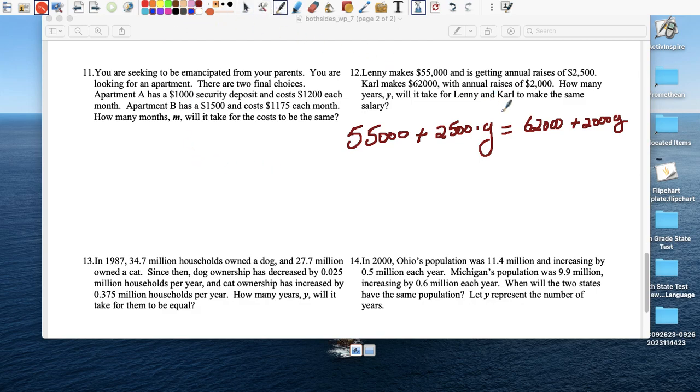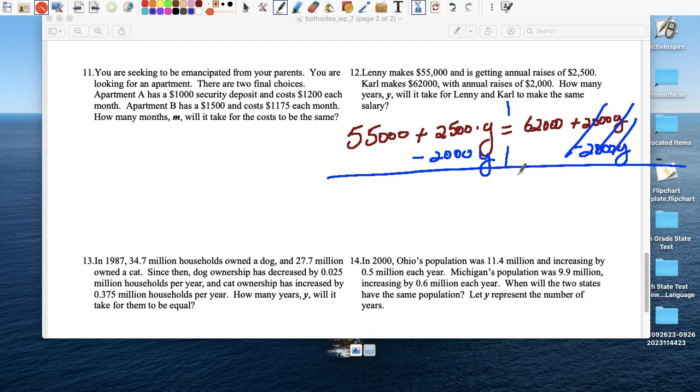Well, let's get rid of the 2,000y because 2,000 has a lower coefficient. Minus 2,000y on this side. That becomes 0. I'm left with 62,000 on the left side. On the right side, I'm left with 55,000 plus 500y.